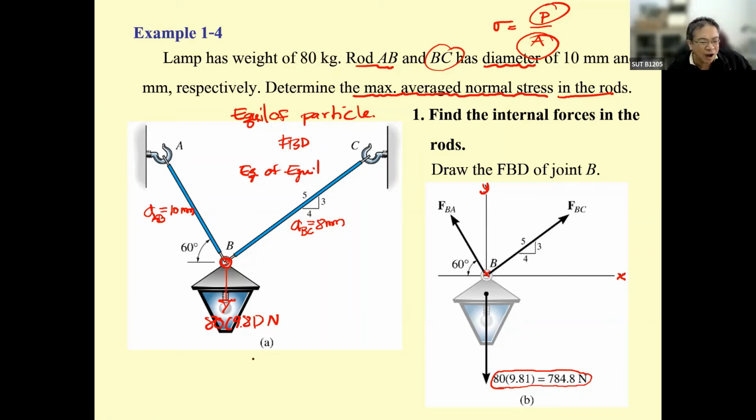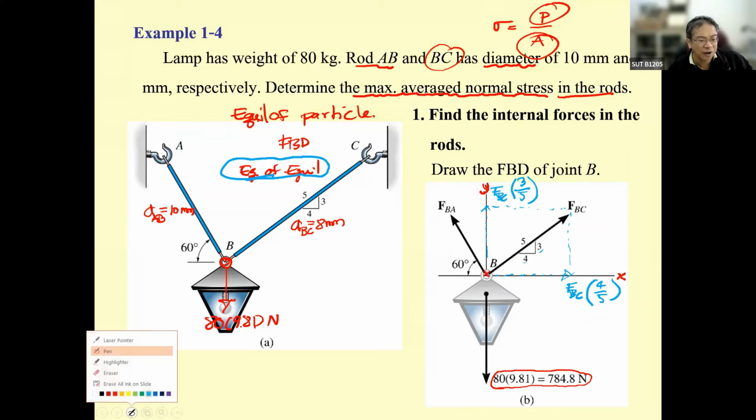And based on the previous knowledge, we will use the equations of equilibrium. Before you can use the equations of equilibrium, you must separate this one and this one by using the parallelogram rule. That one is going to be F sub BC times what? This is in the horizontal direction. The ratio must be 4/5. And this one is F sub BC in the vertical direction, 3/5.